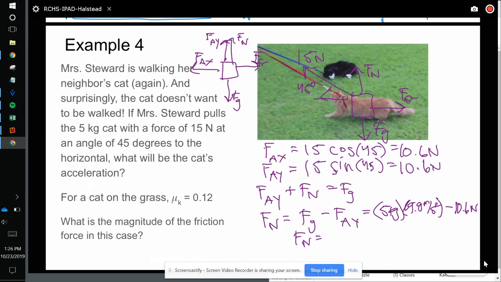We get the normal force is equal to 38.4 newtons. All right, and so now we're going to use that in our Newton's second law equation to find the magnitude of the friction force. All right, so the magnitude of the friction force, that actually, oh, my bad. We need to first find the acceleration. And then we'll find the magnitude of the friction force as we go.